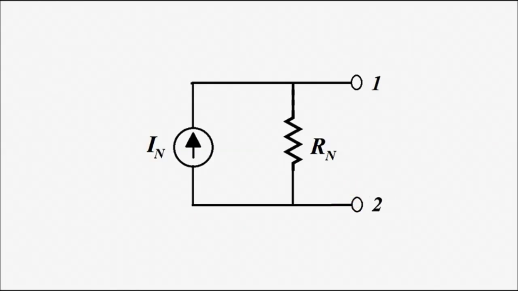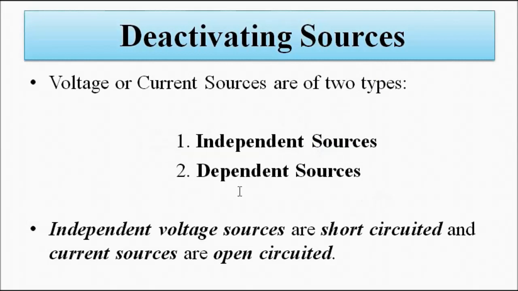This is only for circuits involving independent sources. As we know, voltage and current sources are of two types, independent and dependent. So we always solve problems, be it for superposition or Thevenin, in two cases: first circuits involving independent sources, then dependent sources. Don't worry, I will be solving problems involving both independent and dependent sources and how to handle them.